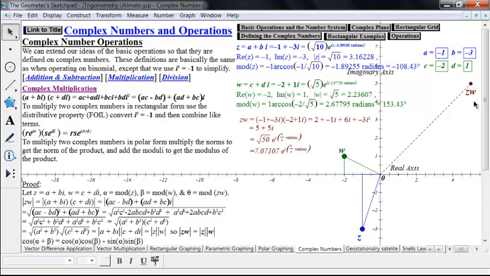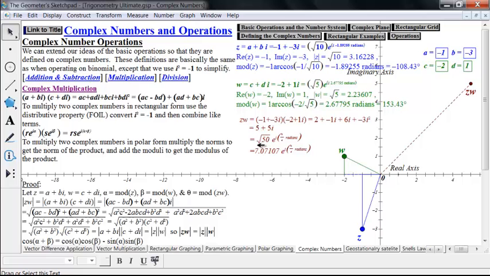Looking at our example here, that shows our example once again, negative 1 minus 3i times negative 2 plus 1i, and we worked out those steps just a minute ago, and that's 5 plus 5i in rectangular form. And because we know these lengths, their absolute values are square root of 10 and square root of 5.